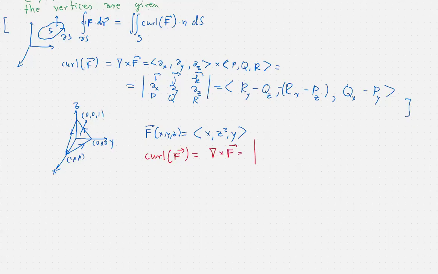So partial with respect to x, partial with respect to y, partial with respect to z. Sometimes people call this del x, del y, del z. And then we have the vector field, x, z squared, y.